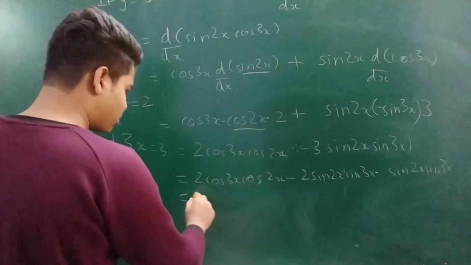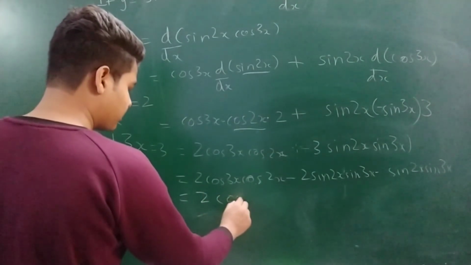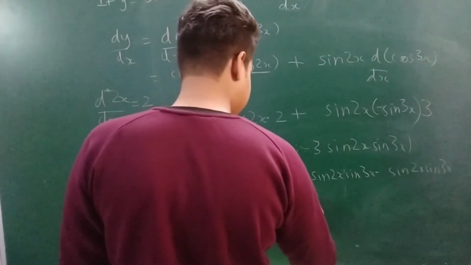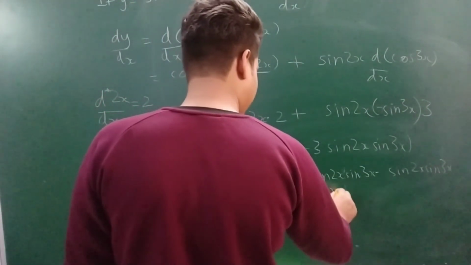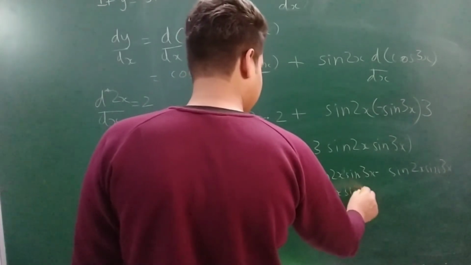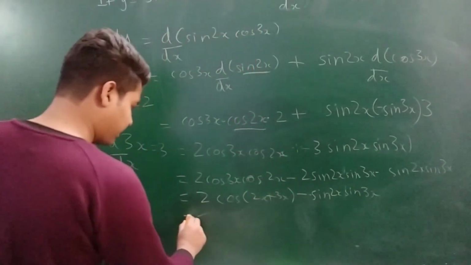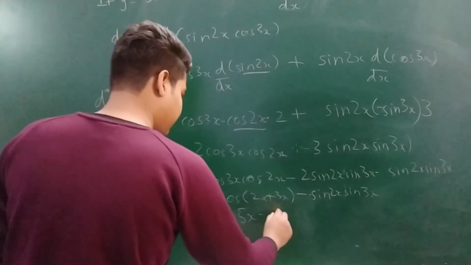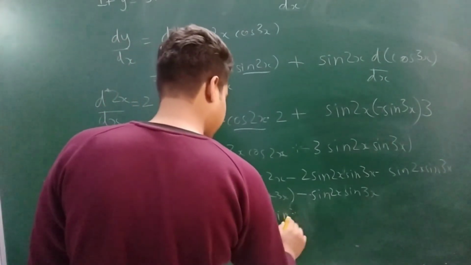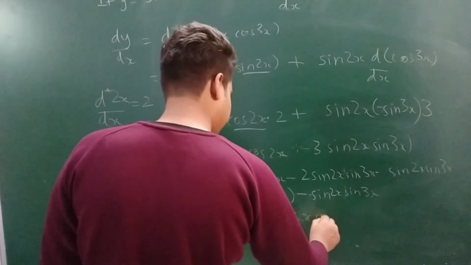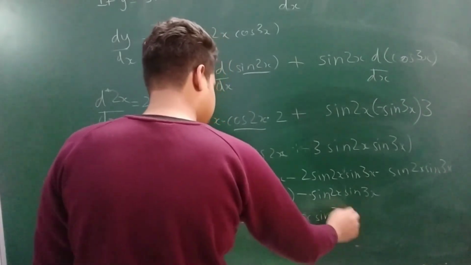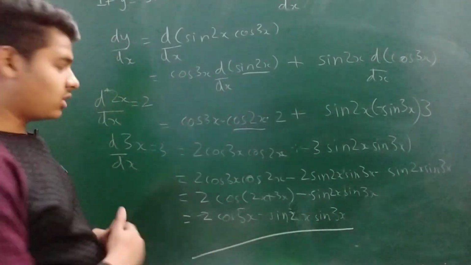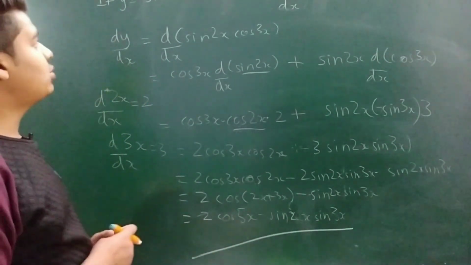This can be written as 2 cos (2x plus 3x) minus sine 2x sine 3x, and the final answer will be 2 cos 5x minus sine 2x sine 3x. This is the final answer to the differentiation of sine 2x cos 3x.